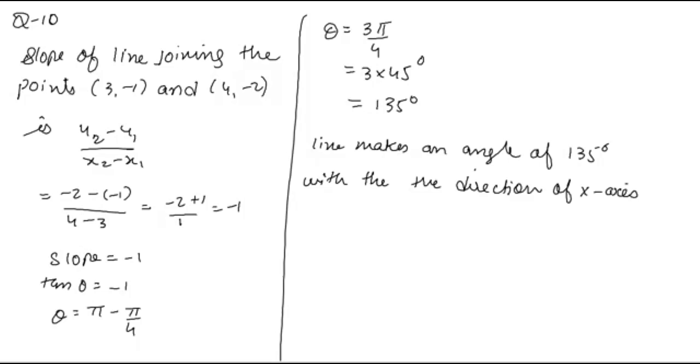You just subtract it from 180, so you will get 45. Right? So this line will make two angles with the x-axis, one with the positive direction and one with the negative direction. With the positive direction of the x-axis we have 135, and with the negative direction it will be 45.